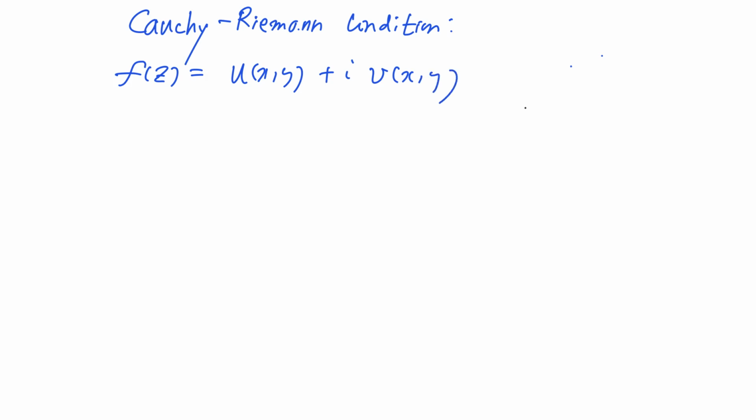We say that this function is differentiable provided partial u over partial x equals partial v over partial y, and partial u over partial y equals minus partial v over partial x. So this is probably one of the most important sets of equations for complex variables.